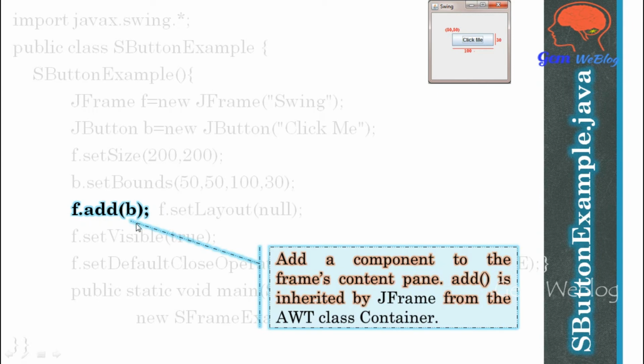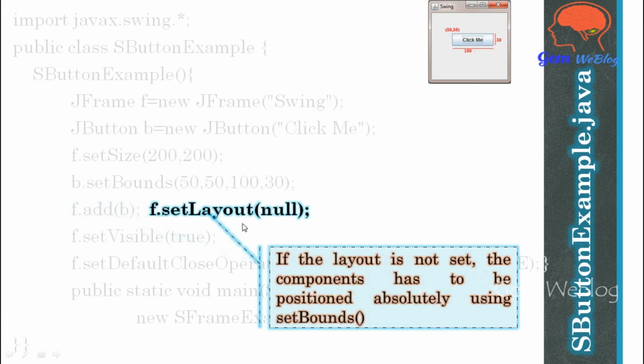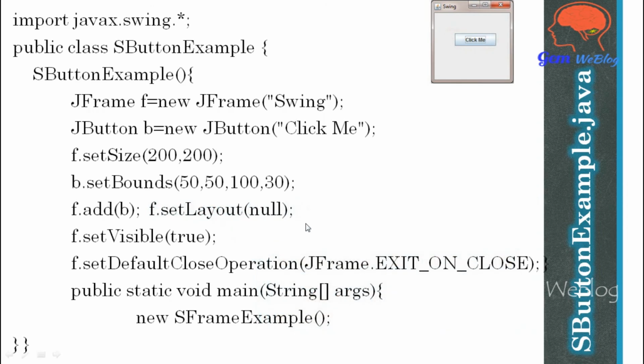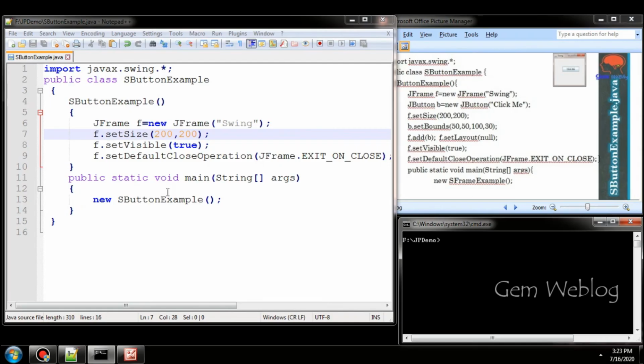If the component is not added, then it will not be visible on the container. Next, if you are not applying any layout for the frame, then it should be set using the method setLayout of null. Next, we will see the demonstration of this program.